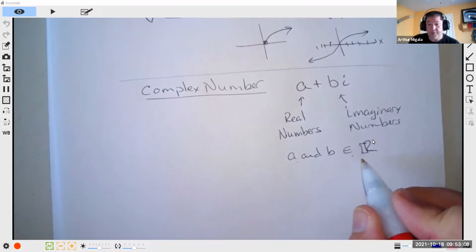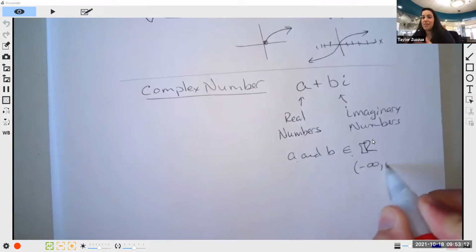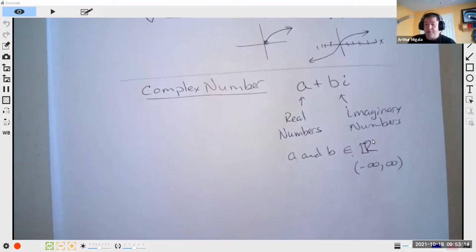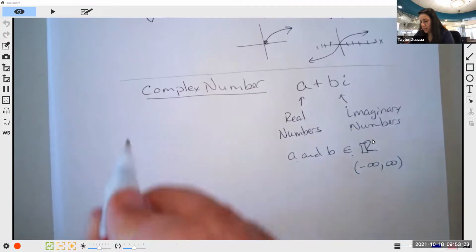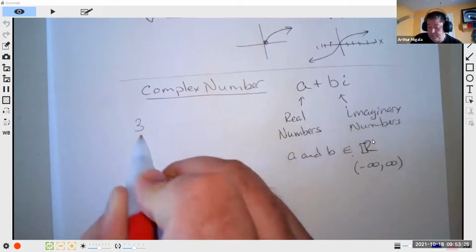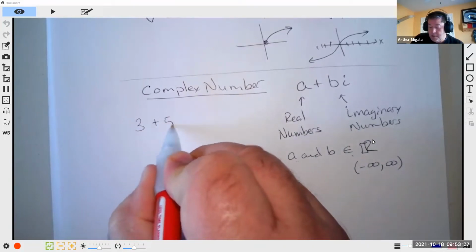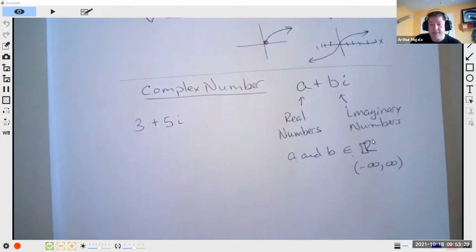Remember what real numbers are? Not off the top of my head. Well, it's anything between negative and positive infinities. Okay, gotcha. So for example, that's a complex number: 3 plus 5i.